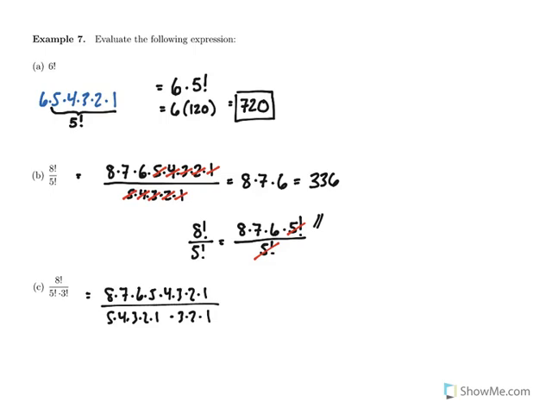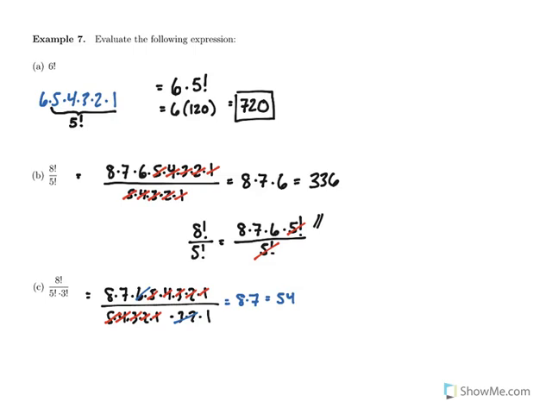And we can do a bunch of canceling out there. We have our 5 factorial, the same thing as we did before. Then we have 8 times 7 times 6 over 3 times 2 times 1. Note that 3 times 2 is 6. We can cancel that out, and we'd be left with just 8 times 7, which would be 56.